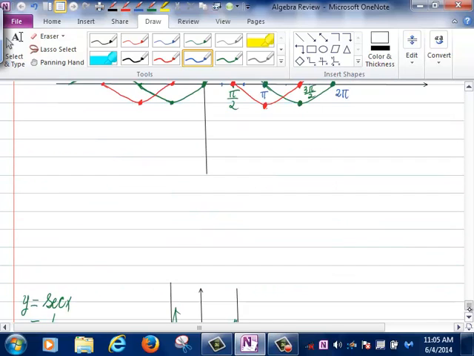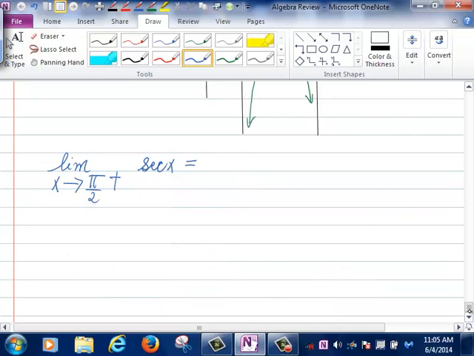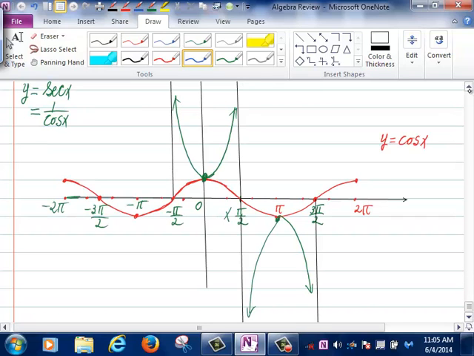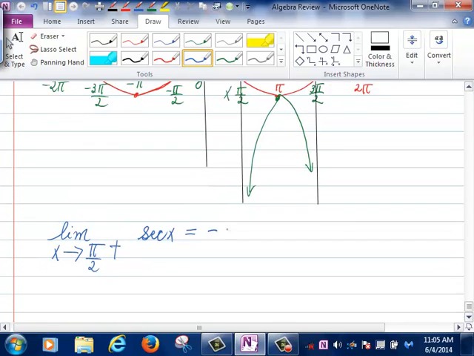All I have to do is look at my graph here. When x is close to pi over 2, on the right side of pi over 2, secant is negative infinity. Does that make sense? What's the limit as x goes to pi over 2 from the left side of secant x?